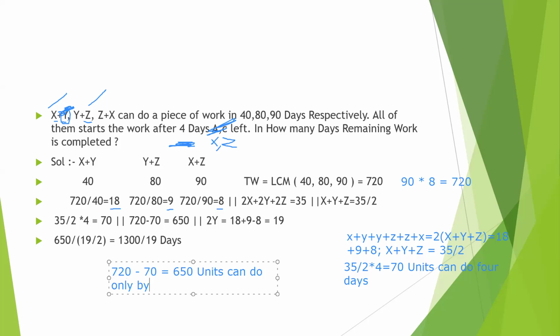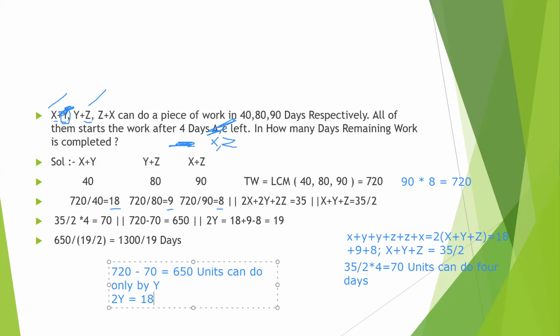only by Y person. But we know the individual value for one day of Y, how many units of work. We know how to find 2y. 2y means we add the combinations that have y and subtract the one where y is not there. Here x plus y is 18 and y plus z is 9.